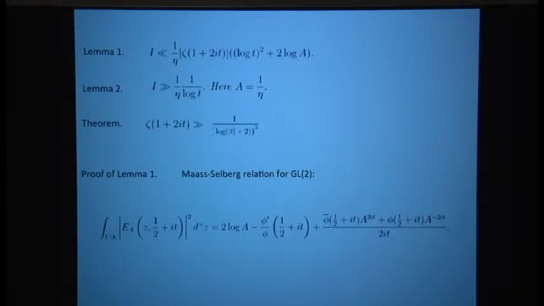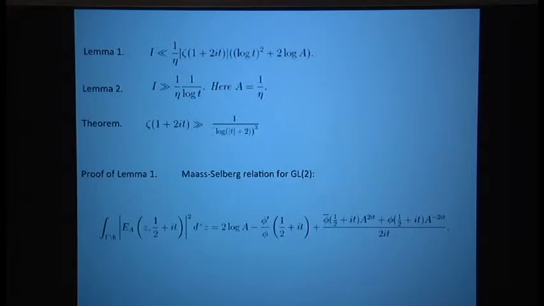So it's log A minus the logarithmic derivative of phi, where phi is the ratio of the completed zeta function, plus other terms. The other terms are small because the denominator is on the order of t. So the main term will come from the logarithmic derivative of phi.